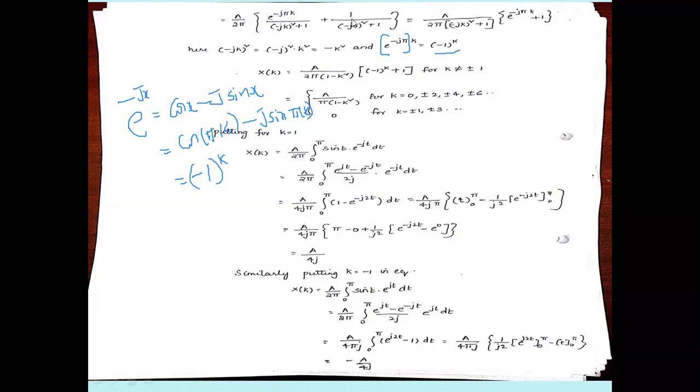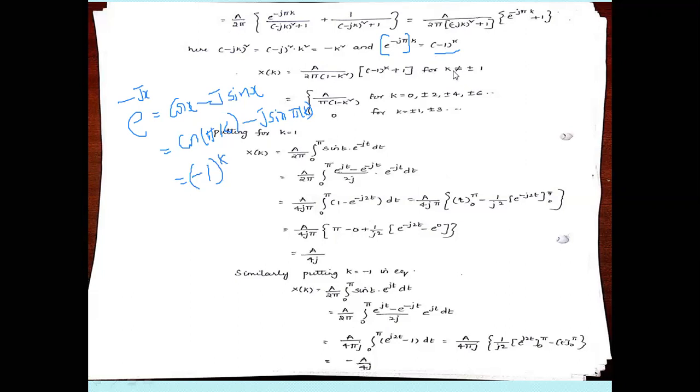So substituting this equation here, A by 2 pi, and the denominator becomes, what is the denominator? 1 minus k square, because this value is minus k square. 1 minus k square, and whole multiplied by e power minus j pi k becomes minus 1 whole power k plus 1.